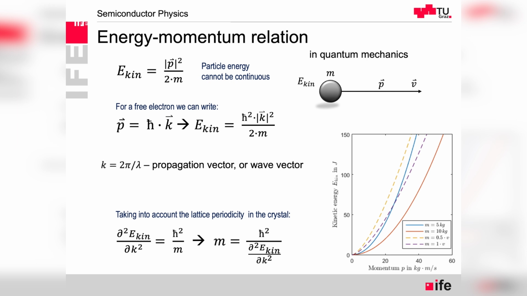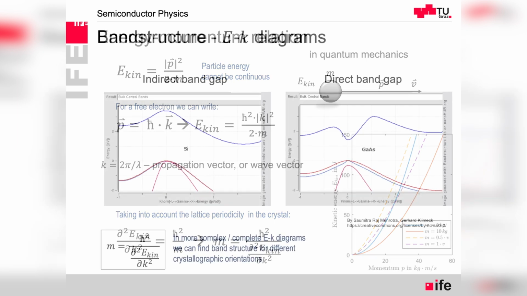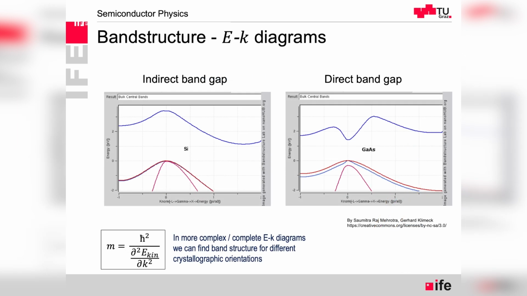Now if we take into account the fact that the lattice is a periodic structure, we can also write the expression for the effective mass of our charge carriers, which is related to the second derivative of the kinetic energy as a function of the wave vector. And here we come to the E-k diagrams.